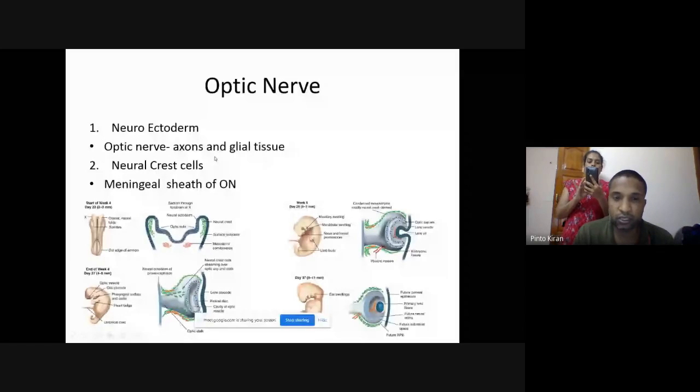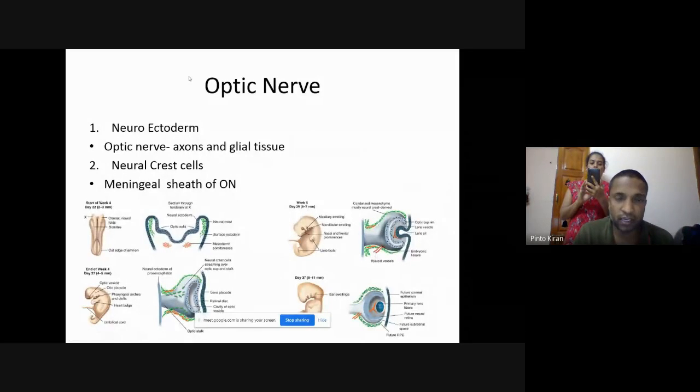Once this is understood, next will be how the development occurs. The first structure to develop will be the optic nerve. Okay, first there will be optic vesicle formation. This is the sagittal section. This is the neuroectoderm. From the neuroectoderm, a vesicle arises. Next to that there will be the surface ectoderm.